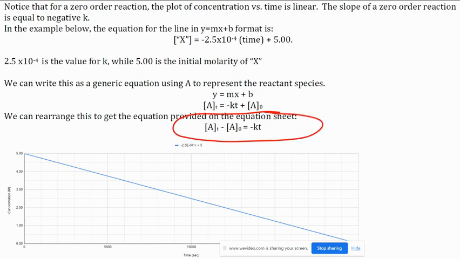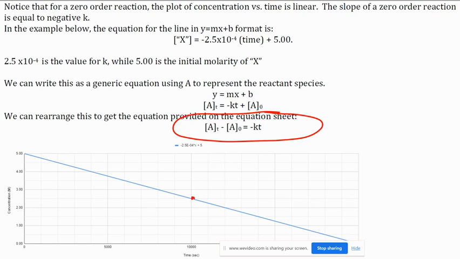So if you know the concentration of K at a given point in time, okay, so let's say that right here we're given 1,000 for seconds, and the concentration is 2.5. Okay, and you knew the concentration in the beginning, and you know the time. You can solve for K here. This equation's on your equation sheet. You need to be able to know which equation to use based on what order reaction it is.